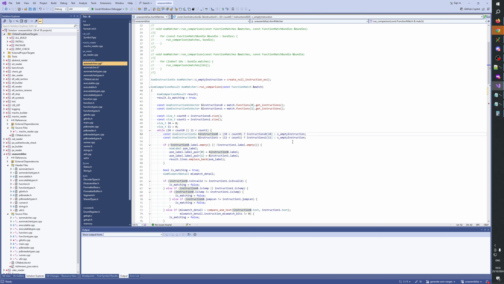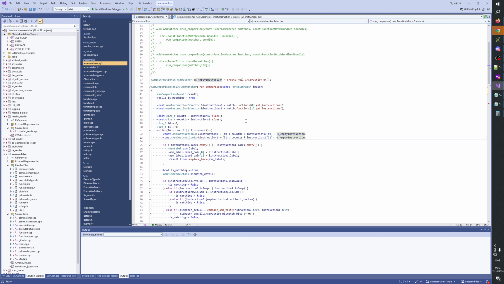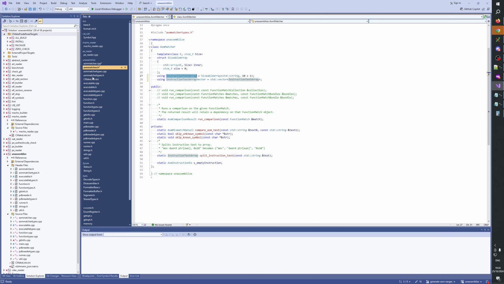So, empty instruction. So let's create a static instruction text array as empty instruction text array.